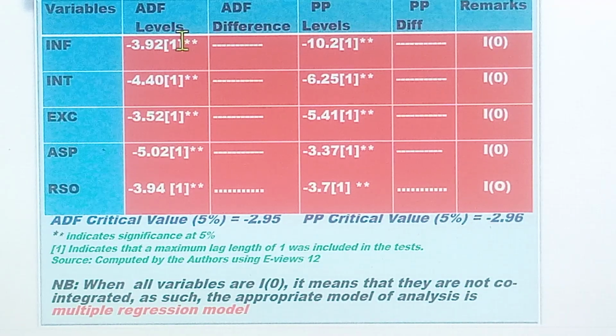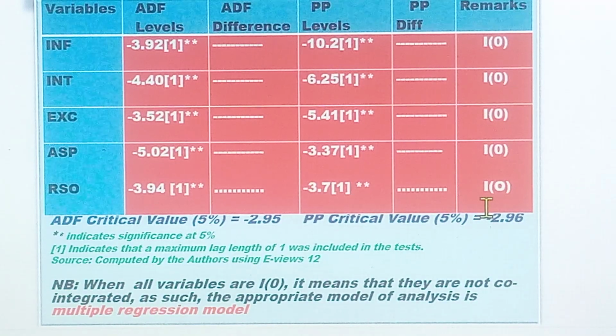So ADF shows that inflation is stationary at levels, and this is also confirmed by the PP test. Because inflation is stationary at level, our remark is that inflation is I(0). For the other variables too, interest rate, exchange rate, asset price, and real sector output are all stationary at level, so the remark is that they are all I(0).